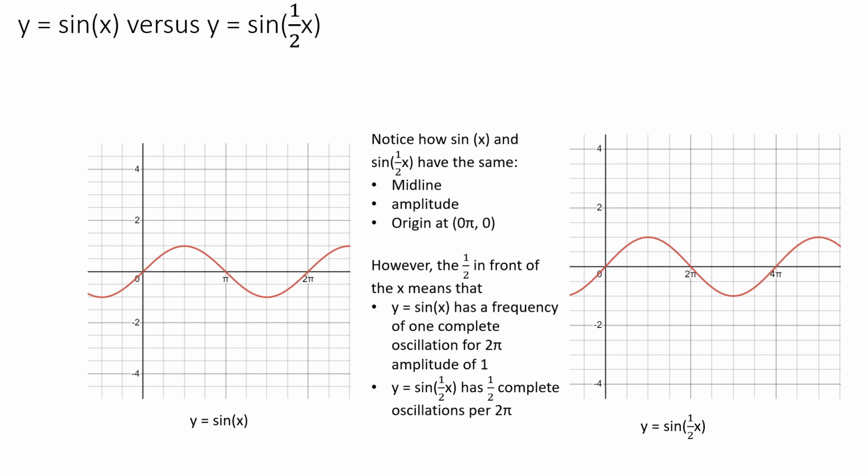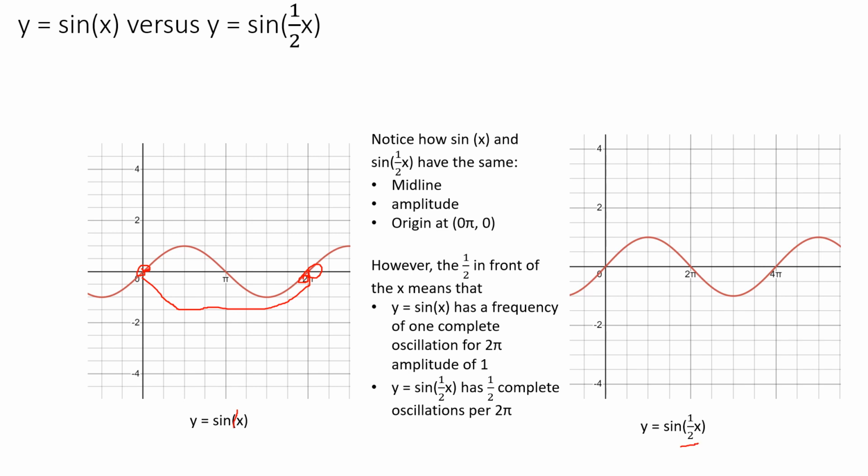Same thing, it goes in the reverse order actually here. Sine x versus y equals sine 1/2 x. And what you notice here, y equals sine x, same as before. On the left here, I've got one complete oscillation per 2 pi. Right there, starts there. And there's my 2 pi, and it starts all over at 2 pi. So it's just sine 1x. And the second one, I've got sine 1/2 x.